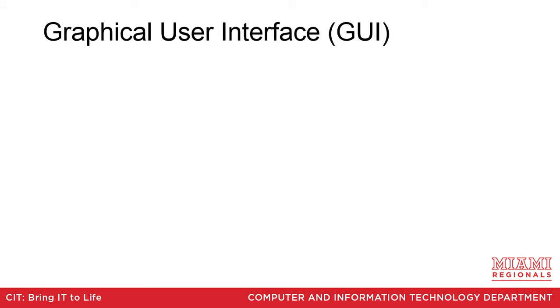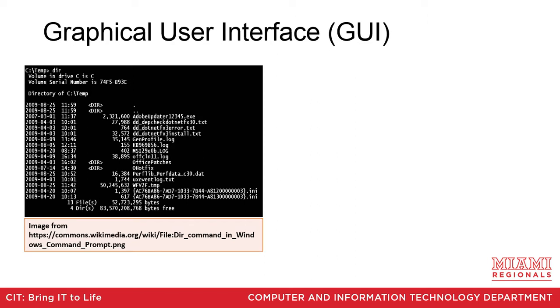Graphical user interface. You might have heard the term GUI. A GUI is a visually appealing way to interact with an operating system. Back in the 60s and 70s, users used to interact with operating systems mainly through a keyboard. There were no buttons to click on the screen, only keyboard commands.